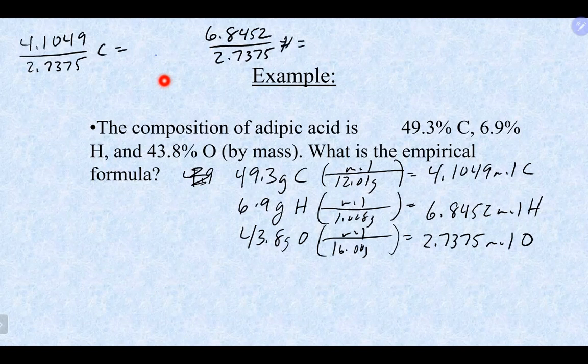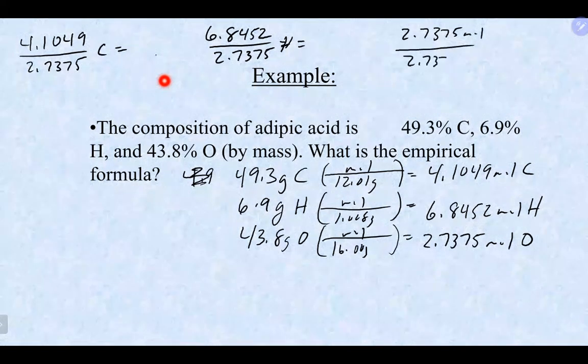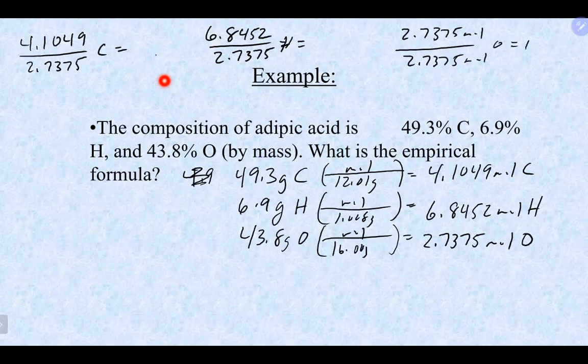And lastly, obviously, this will equal 1 when we divide 2.7375 moles by 2.7375 for our oxygen. For our other values, 6.8452 divided by 2.7375 ends up being 2.5, and here 4.1049 divided by 2.7375. I think I wrote the wrong number there. Try that again.